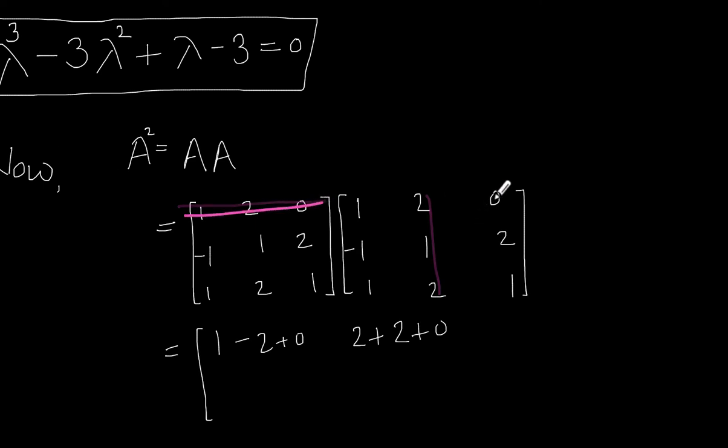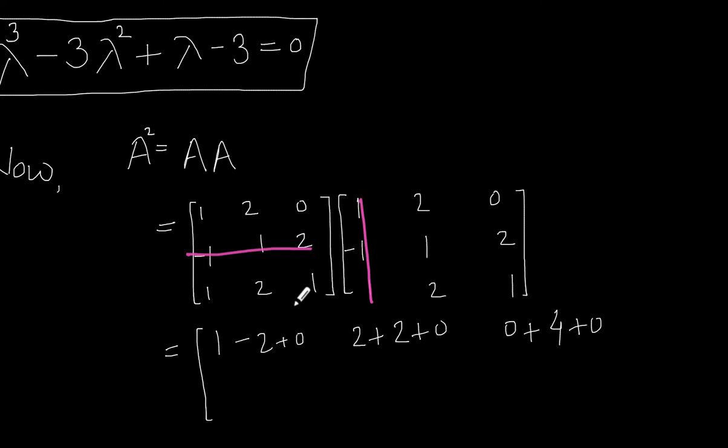For the first row third column entry of the product matrix, we again do component wise multiplication. For the highlighted rows and columns, we will have 0 plus 4 plus 0.